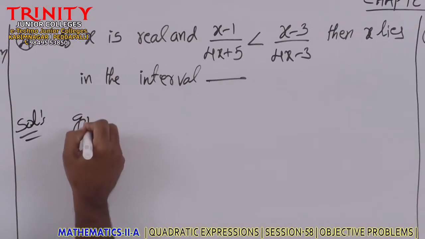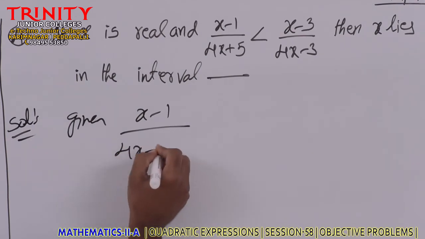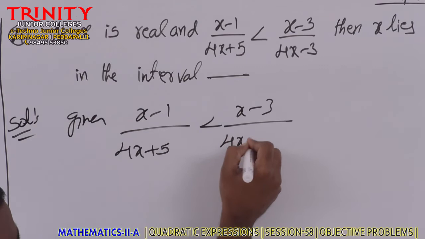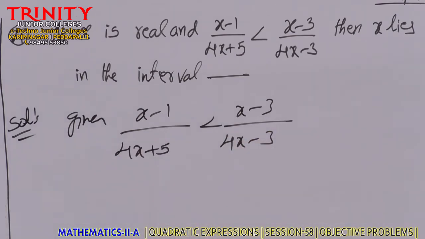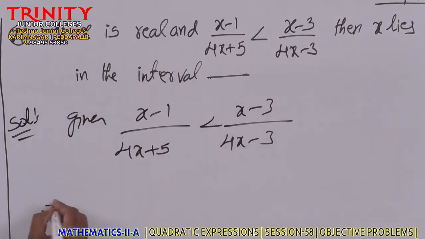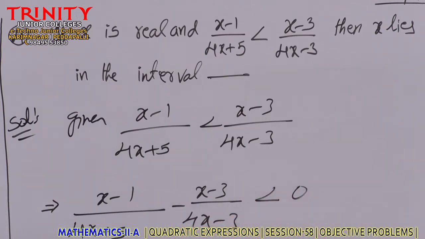Take it to one side: (x minus 1) by (4x plus 5) minus (x minus 3) by (4x minus 3) is less than 0. Then go for LCM.